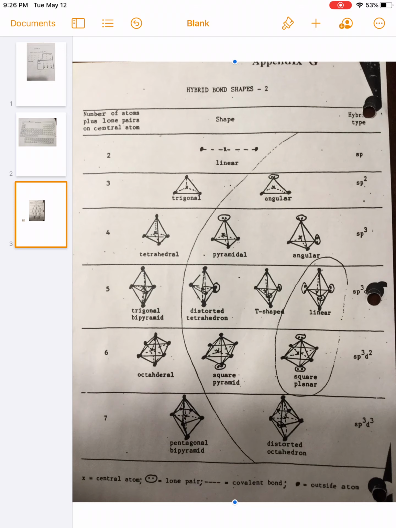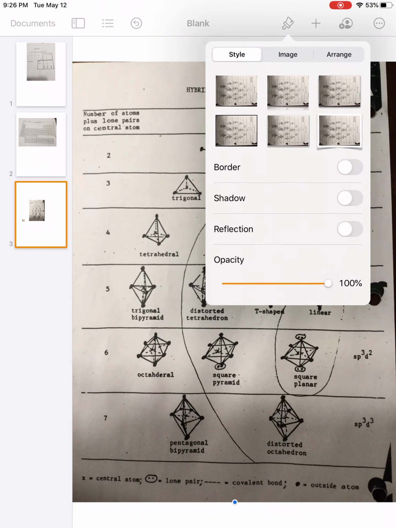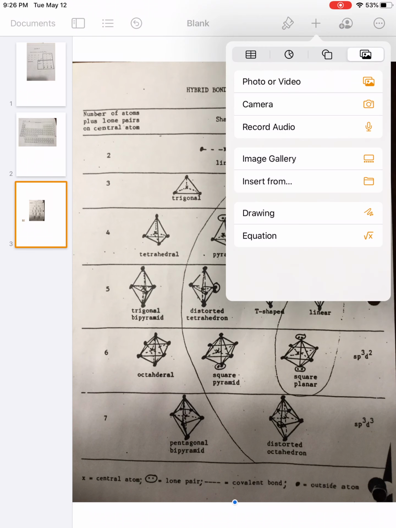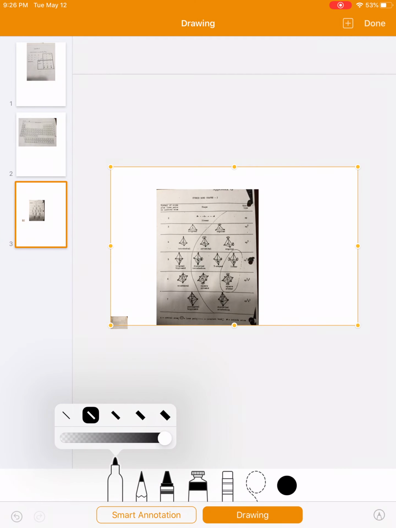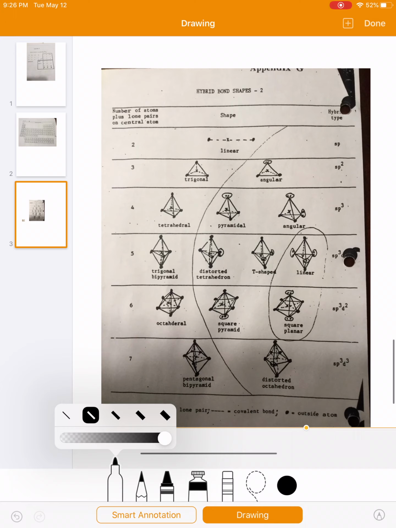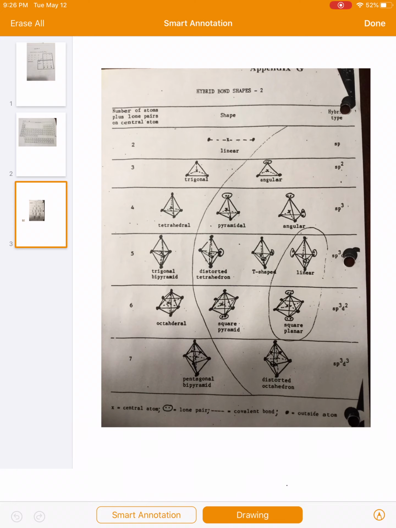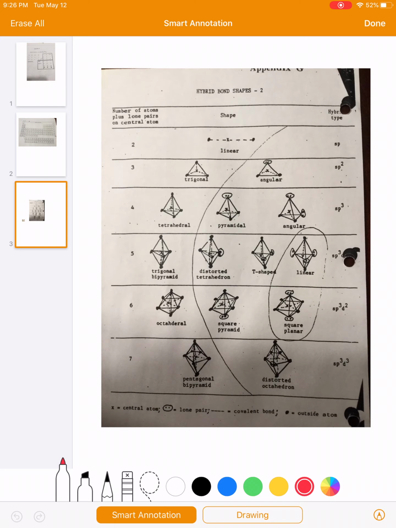And so I go look for my hybridization, sp2. So that means my answer must either be this or this when it comes to shape. Either my shape will be trigonal or my shape will be angular.